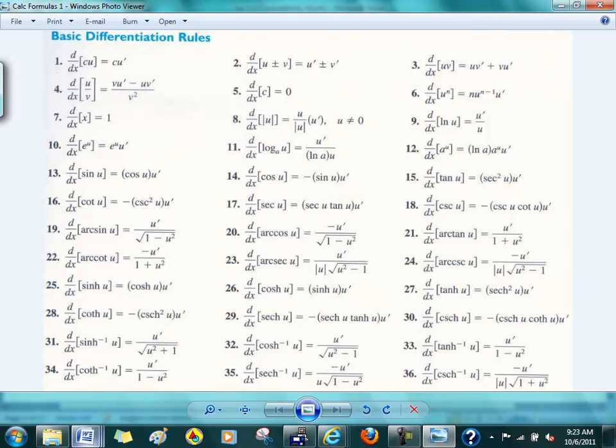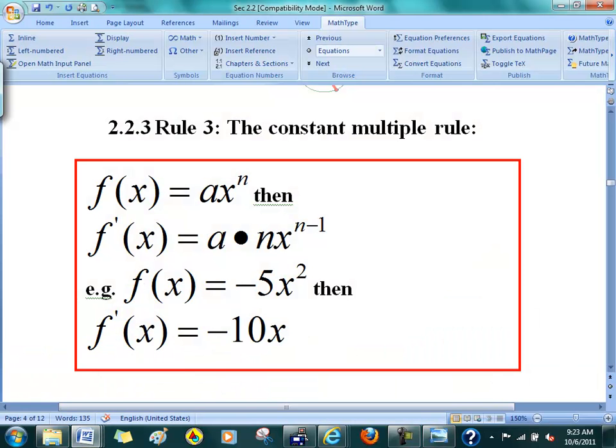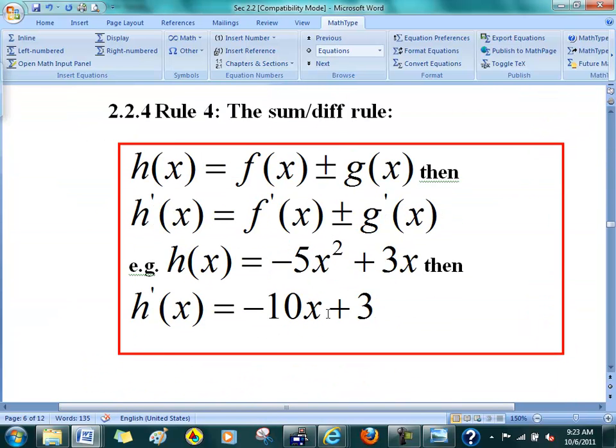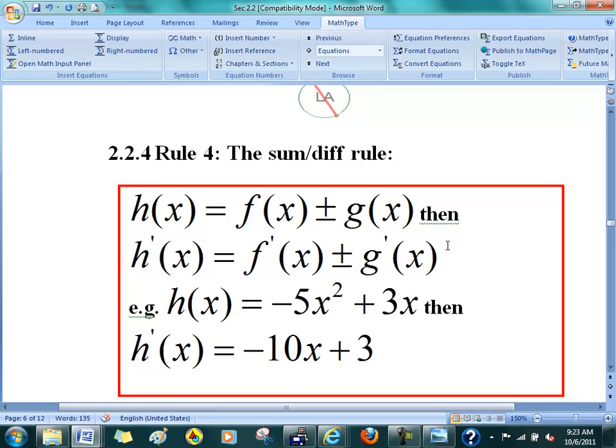All right, going on to the addition subtraction rule or sum difference rule. There is a rule and there is an example there. So let's go review that.